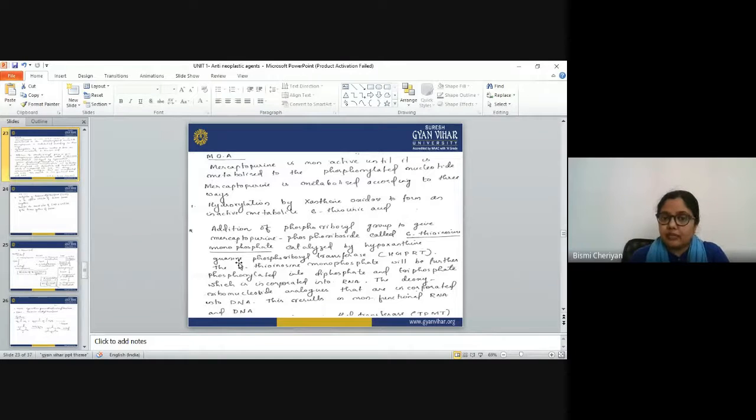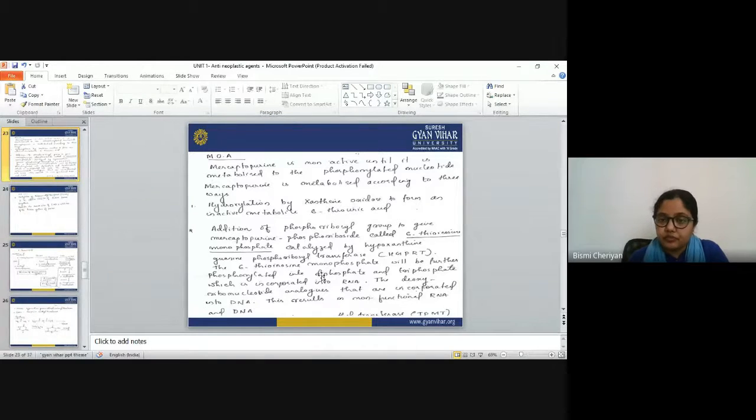Second method is addition of a phosphoribosyl group to give the phosphoriboside called 6-thioinosine monophosphate, catalyzed by hypoxanthine guanine phosphoribosyl transferase, that is HGPRT. So 6-mercaptopurine is converted into the 6-thioinosine monophosphate in the presence of HGPRT. You have to learn the full form of this enzyme.